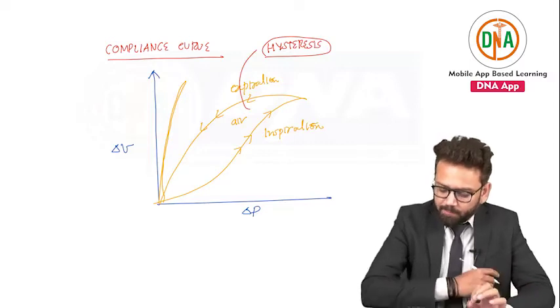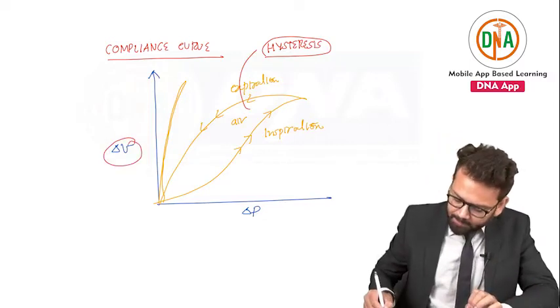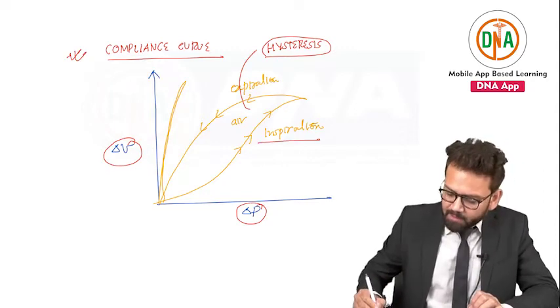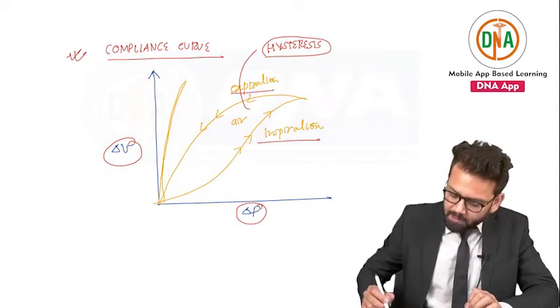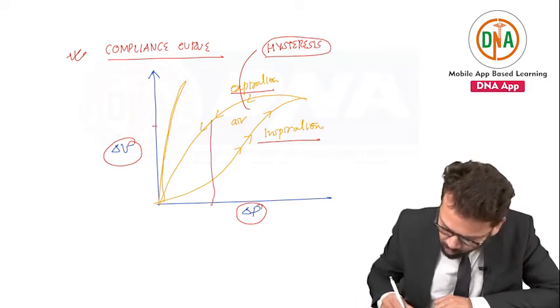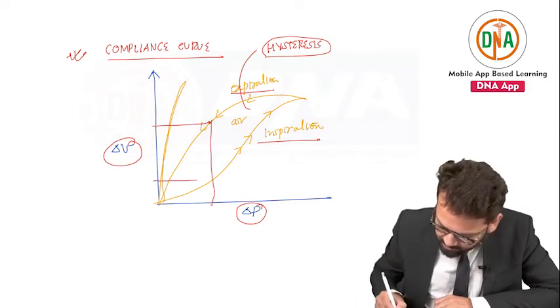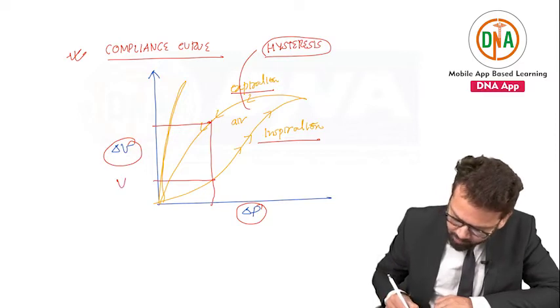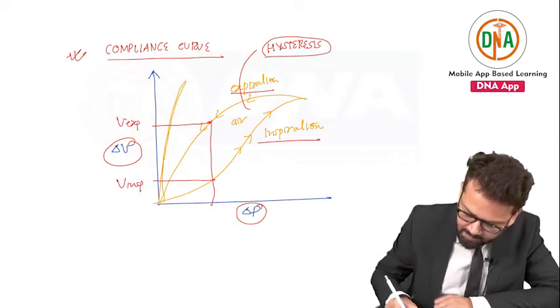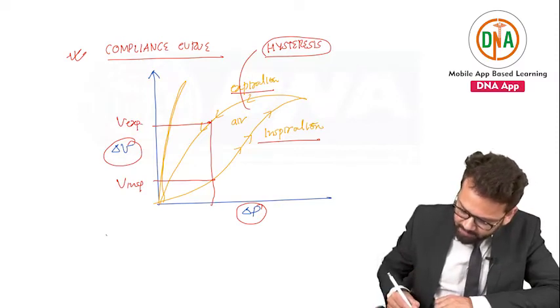You can see in this diagram, delta V by delta P is called compliance. During inspiration, the curve is different. During expiration, the curve is different. Now you can see at the same pressure, volume is different during inspiration and expiration. So what does hysteresis mean?